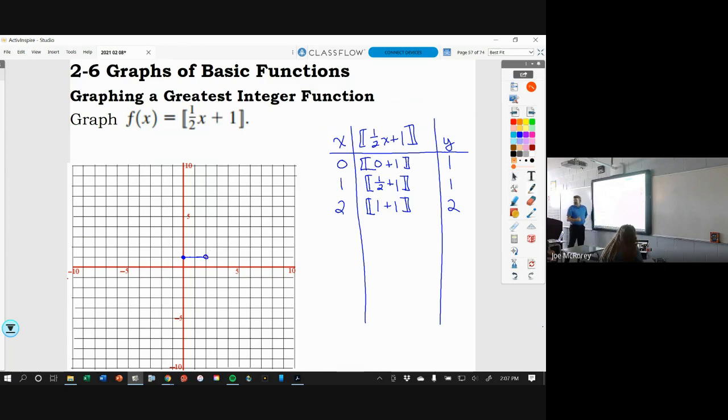As soon as it got to 2, what's our y value? 2. Can you repeat that pattern, or do we need to plot more numbers? It's going to stay there for about 2 units, and then it jumps up. And it'll stay there for about 2 units, and jump up, and so on.